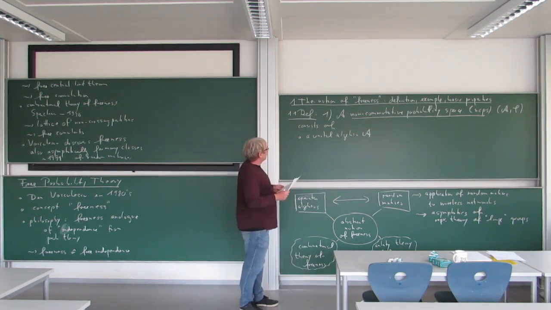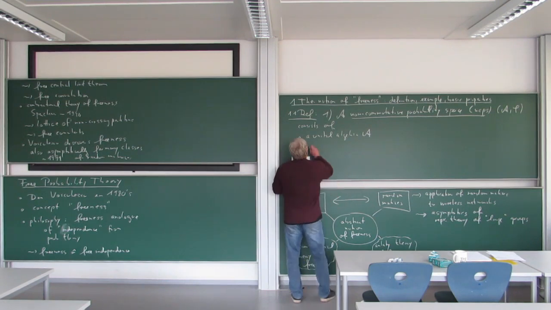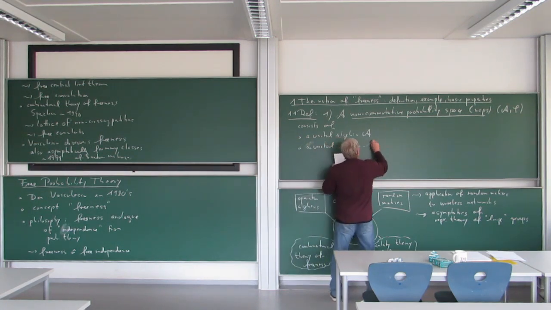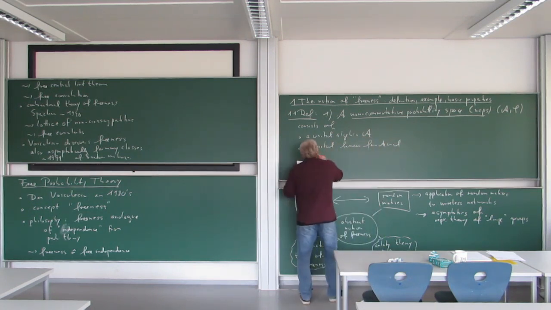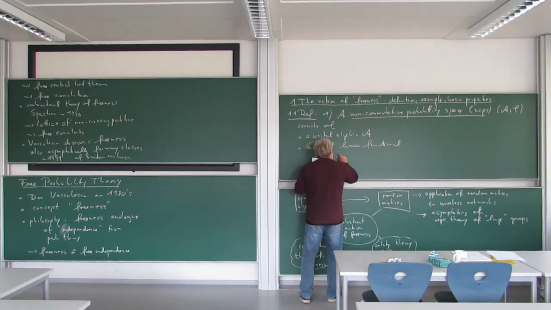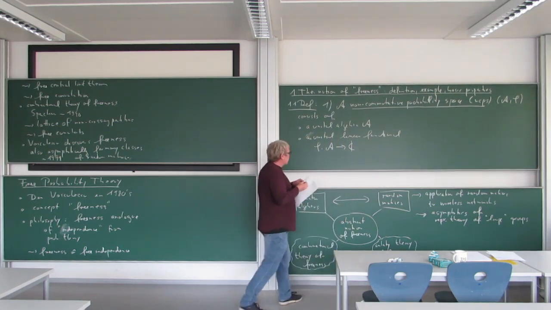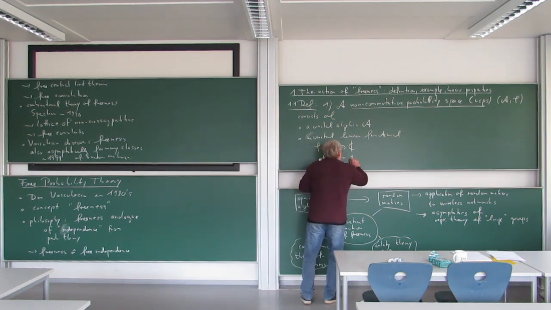It should preserve the 1, so phi of the 1 from the algebra is just the complex number 1. The unital means that it is normalized such that phi of 1 has to be 1.